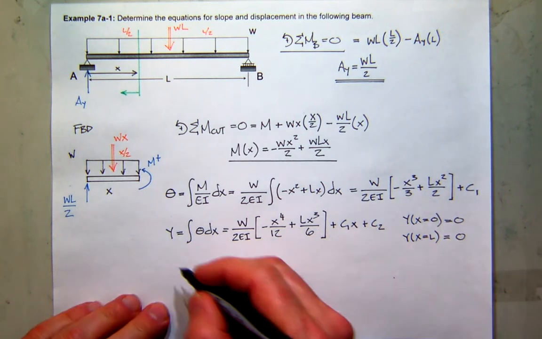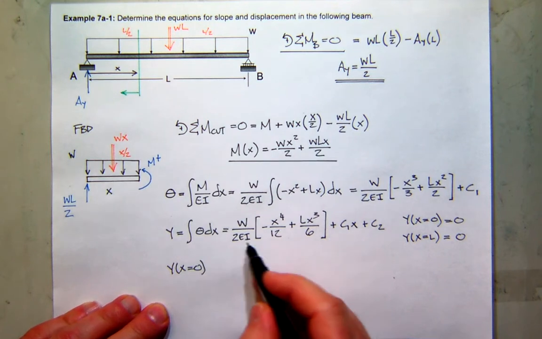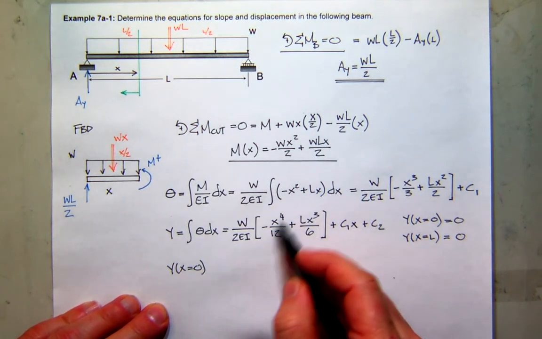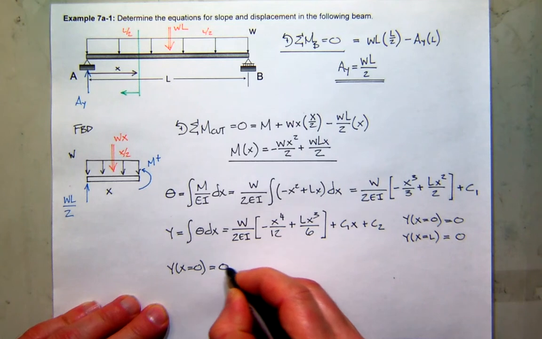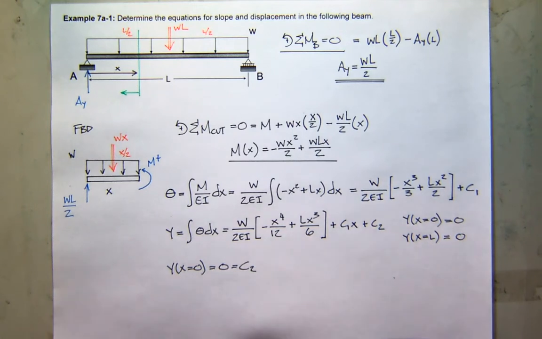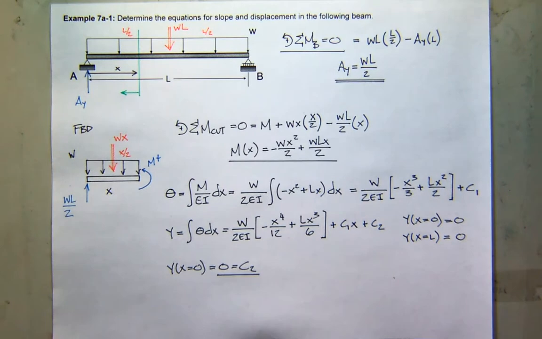So let's do that one first. So at x equal 0, plug in 0 here, what do you get? 0, 0, 0. All you get is C2. So that means C2 has to be 0. So far, so good.